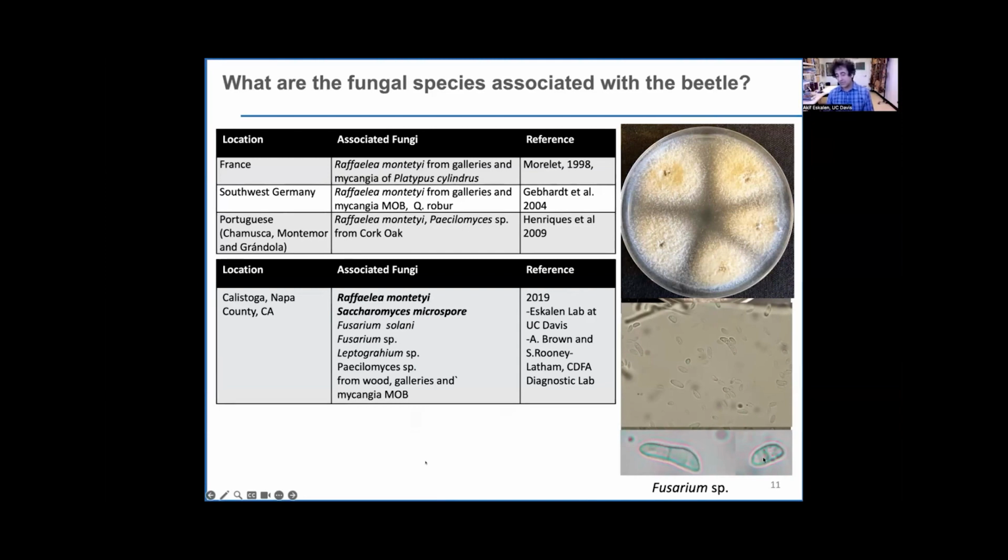The microconidia seem to be similar, but this one is very distinguishable from other Fusarium species that could be present anywhere else. These are the ones that are associated with the Ambrosia beetle.